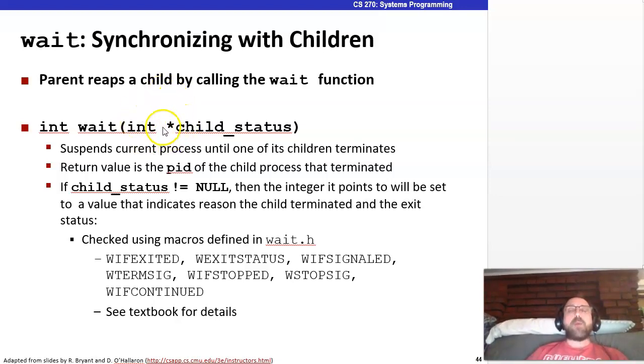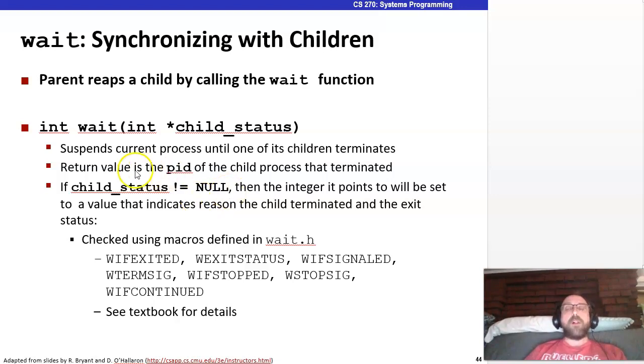So here we're taking a pointer, so we have to pass in the address of some integer variable, and wait, besides returning the process ID, will also write the exit status of the process to that integer value. Somewhere inside wait, there's a line of code that looks like star child status equals something. So in order to wait for a process, we could do this.